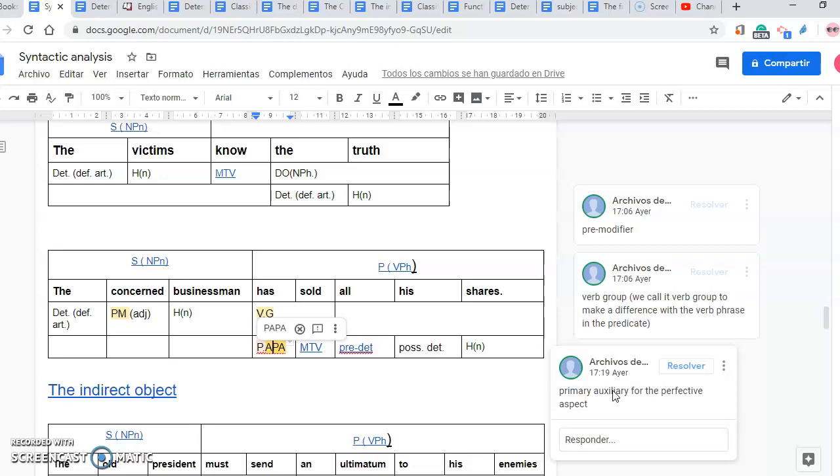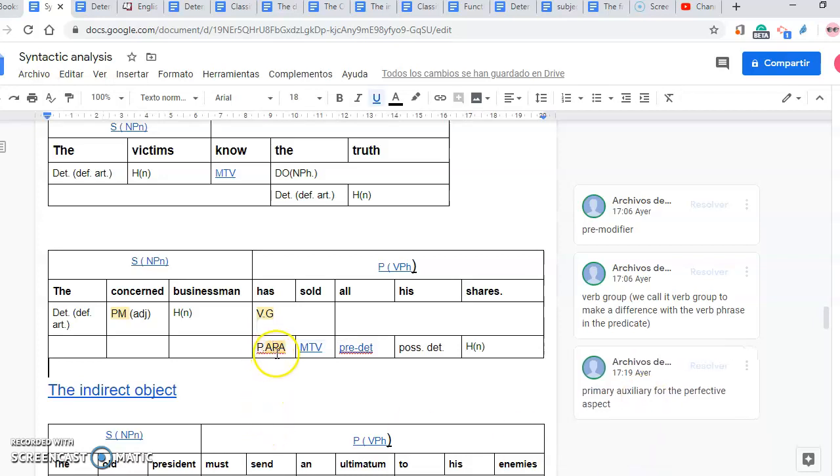So it is a primary auxiliary, and what is it helping to do? It is helping to form the perfective aspect. That is why we call it PAPA, primary auxiliary for the perfective aspect. Sold is a monotransitive verb. It is the past tense of the verb to sell.